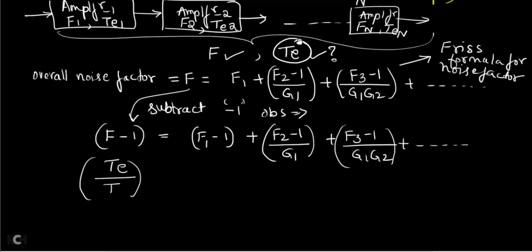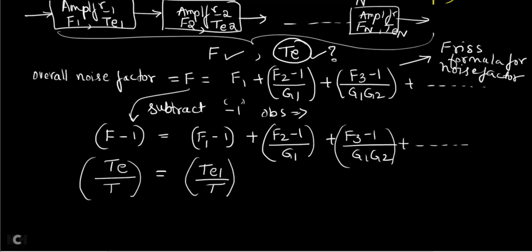For this F I have to write TE, the overall noise equivalent temperature for all the amplifiers connected in cascade. Now that is equal to, what is F1 minus 1? F minus 1 is TE by T, so F1 minus 1 will be TE1 by T.